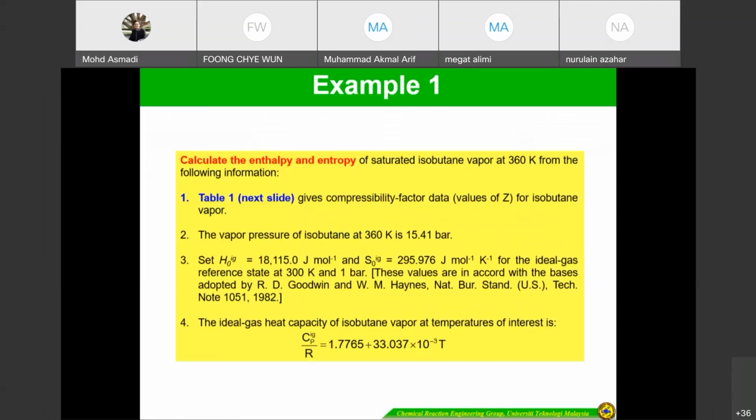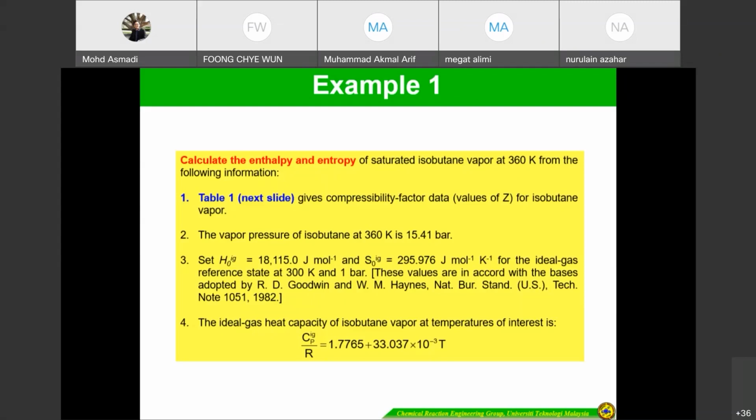Table 1 gives compressibility factor data, the value of Z for the isobutane vapor. The vapor pressure of isobutane at 360 Kelvin is 15.41 bar.